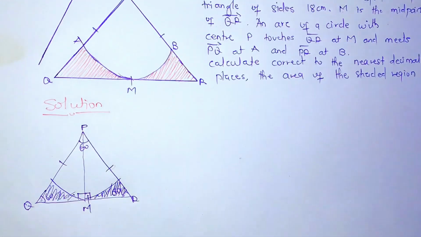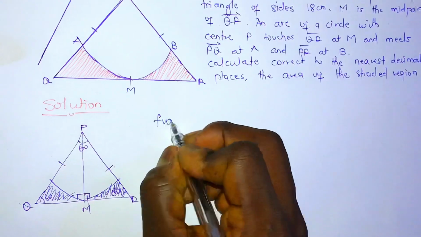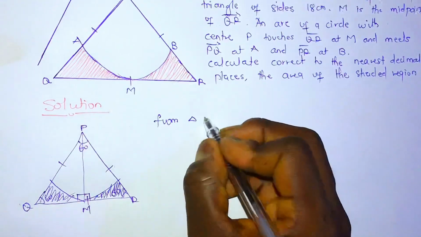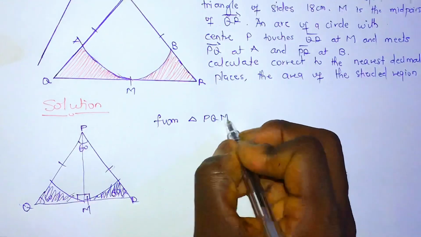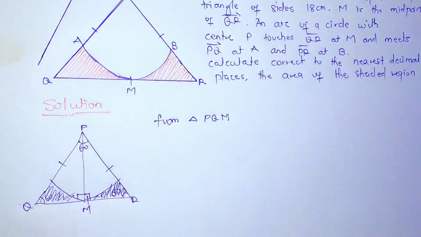So from triangle PQM, that's the right angle triangle. Now, if I want PM, which is the radius of the circle because P is the center. So PQM.